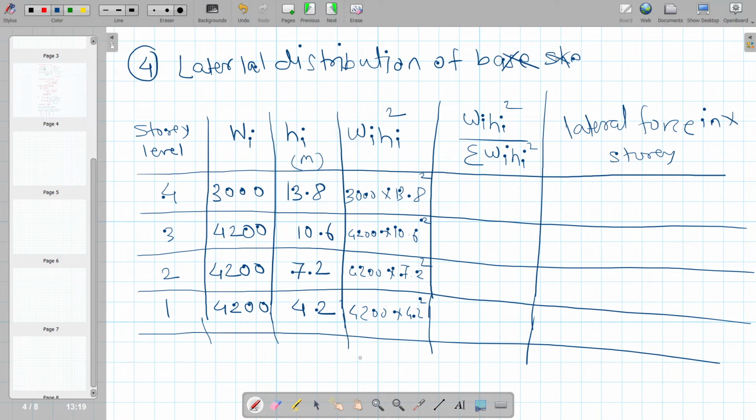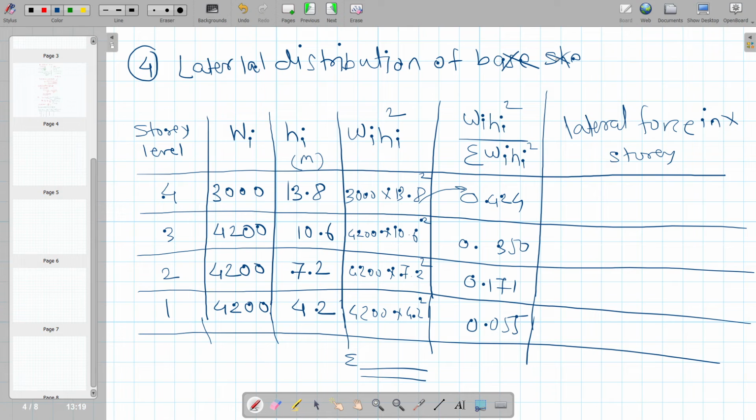At the end you have to do the summation of all. You have to add these values, and then wi hi square, this value divided by the total value. So you will get here 0.424, 0.350, 0.171, and 0.055.